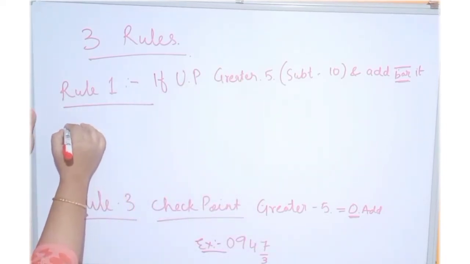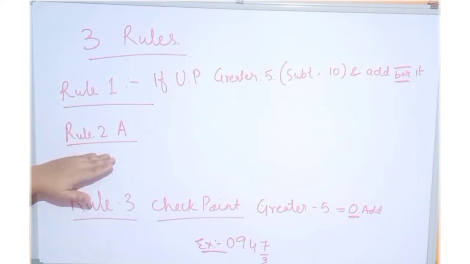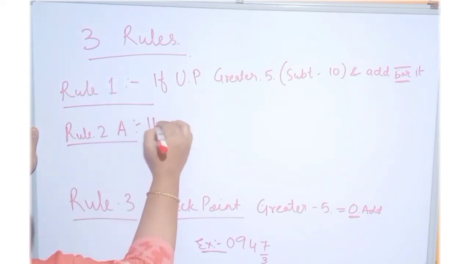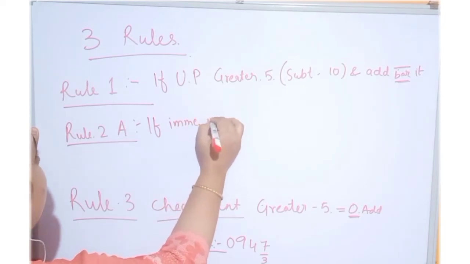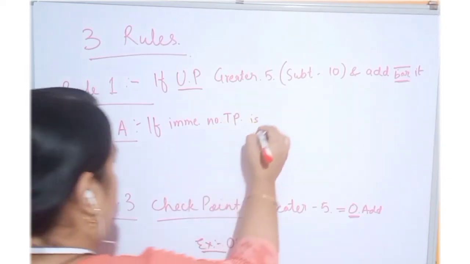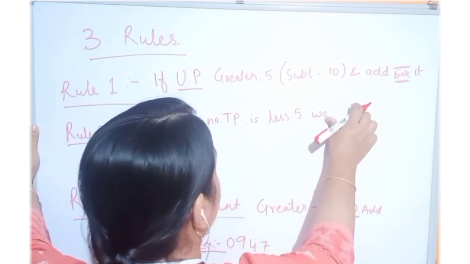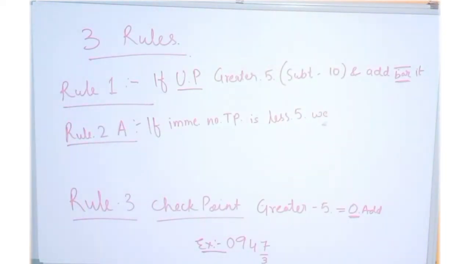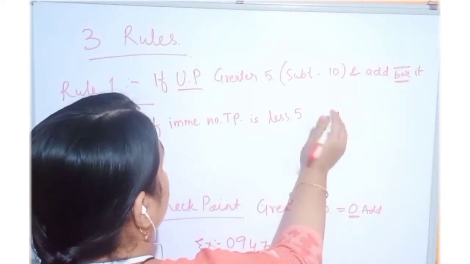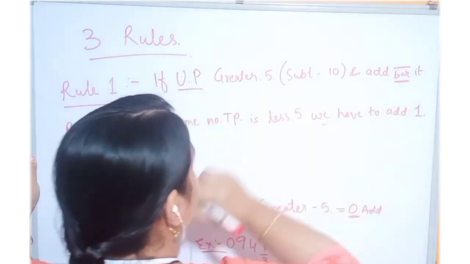Now rule number 2 has 2 parts. First we'll understand rule number 2A, which is what we have to do after the units place. If the immediate number, so after the units place, that means the tens place, is less than 5, we have to add 1 to it.